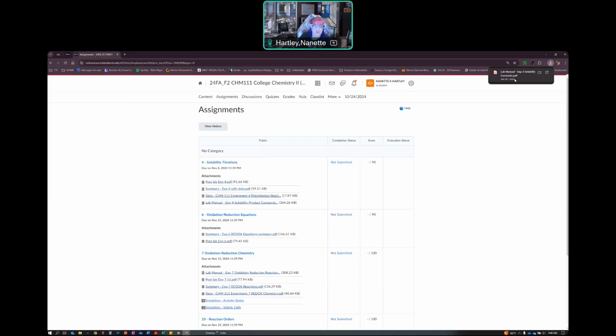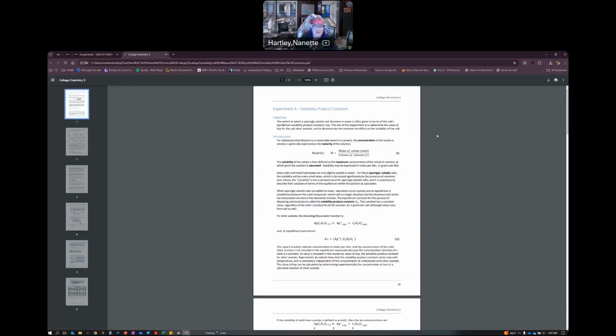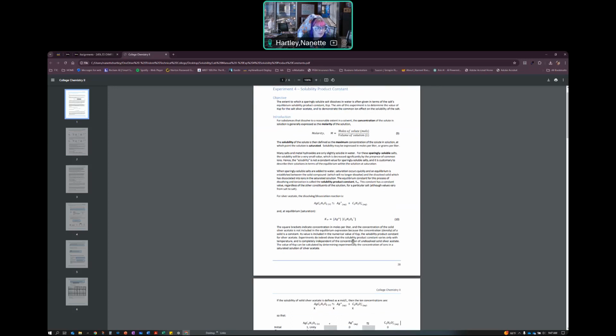We still actually do use it when we're in an in-person class. This is experiment 4, and it talks about the molarity, being moles per liter. I'll let you read most of this. We're looking at this relationship for silver acetate and the KSP for the relationship between silver and the acetate ion, of course, that being in moles per liter.